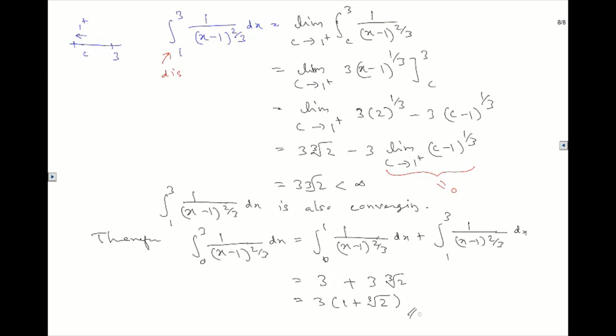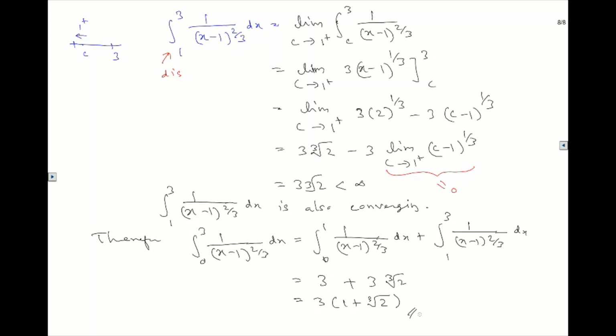So there is a problem. What you need to do is, when you have a discontinuity, make sure that you split the integral at the discontinuity and consider two separate integrals and integrate them separately. If one converges, then you have to check the other one also. If one diverges, you don't want to do the other one, because if one diverges, the whole integral diverges.